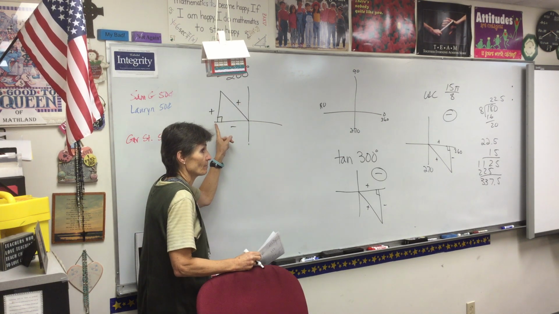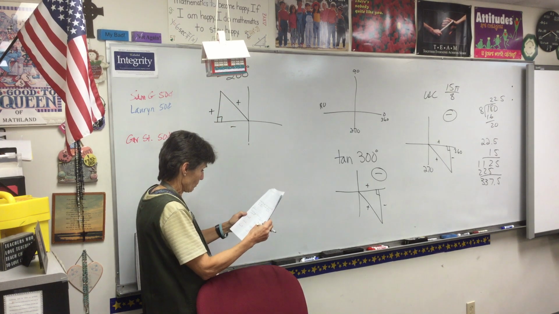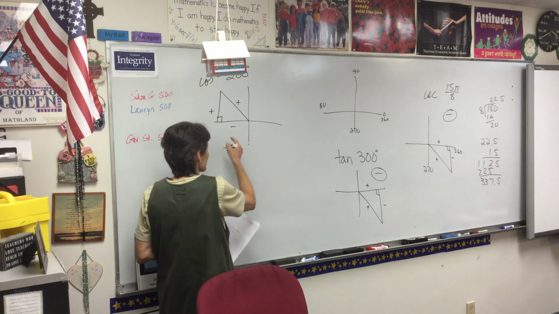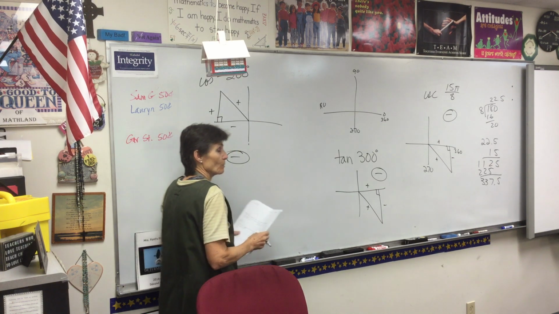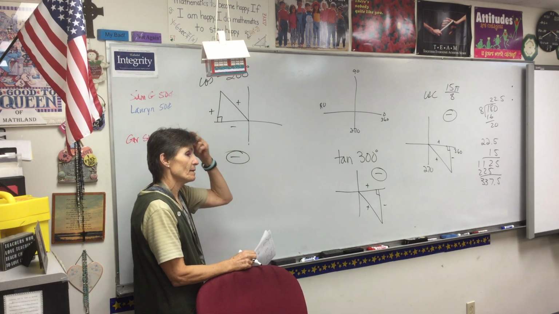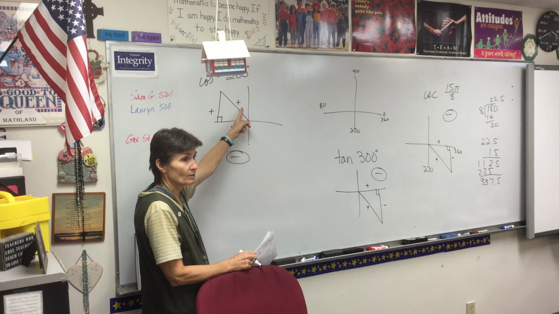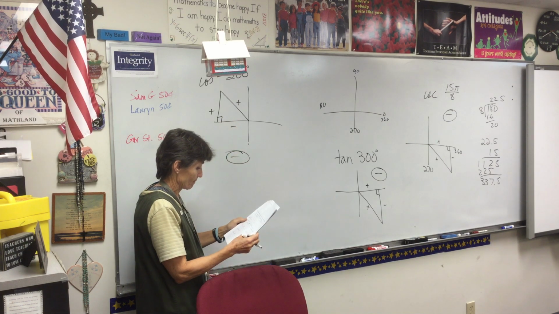X is negative, Y is positive. And what did I want? I wanted the cosine. So would the cosine be positive or negative? Negative. I don't know who said that, but you're right. Negative is right. Because cosine is x over r, adjacent over hypotenuse. Cosine is x. X is negative. Cosine is negative.